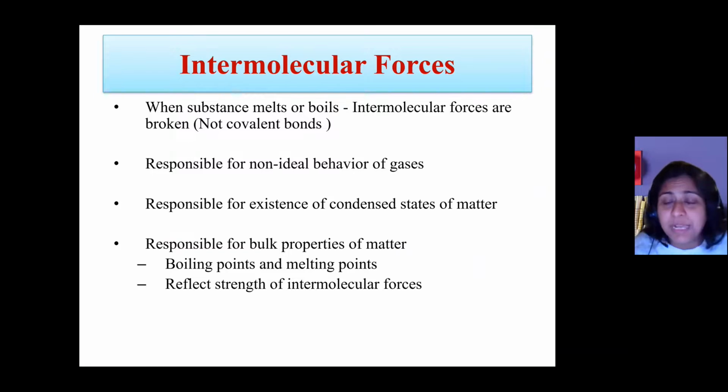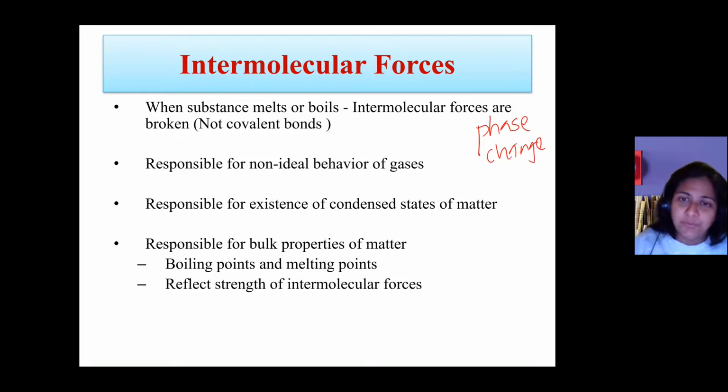When a substance melts or boils, actually the intermolecular forces are going to be broken, not the intra. Only the forces between the molecules will be broken when a substance melts or boils or when a substance undergoes a phase change.